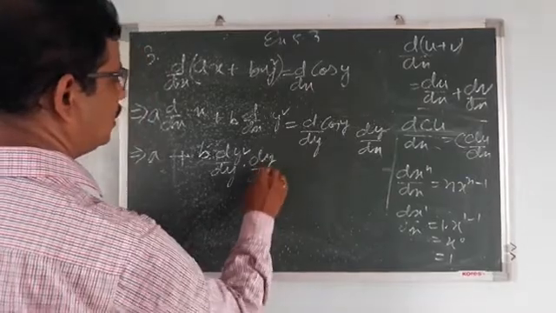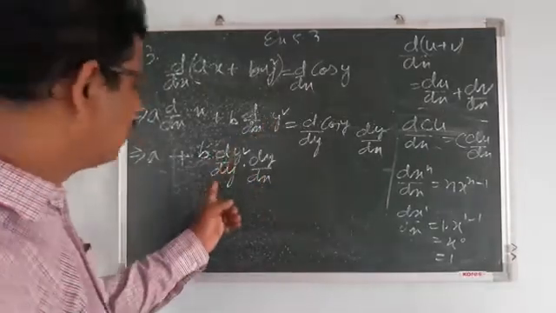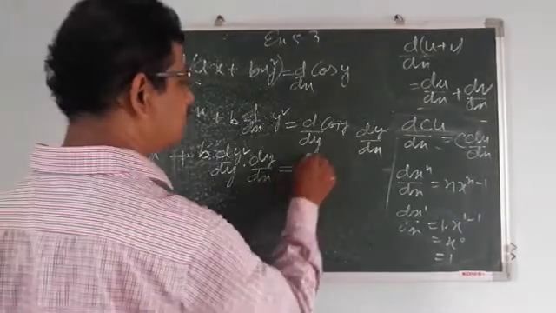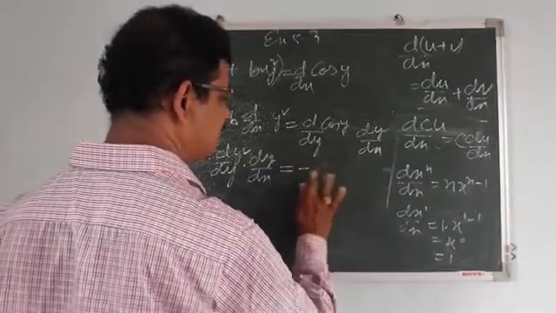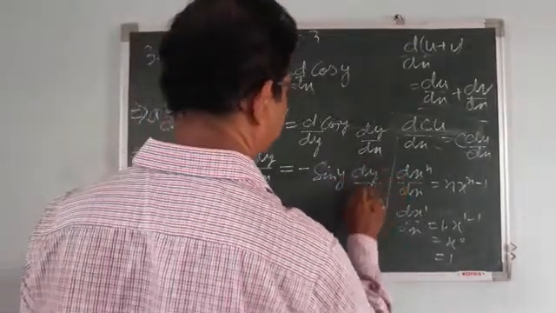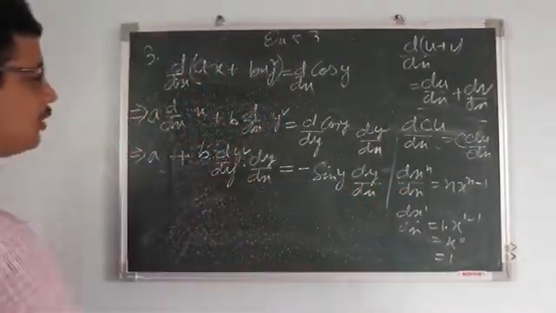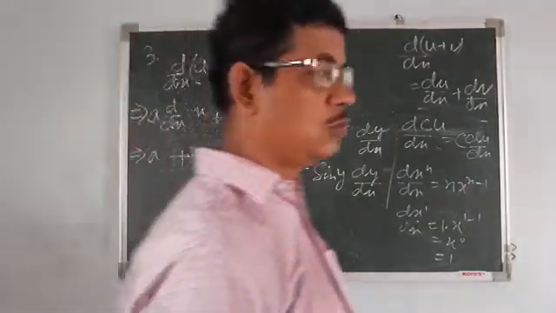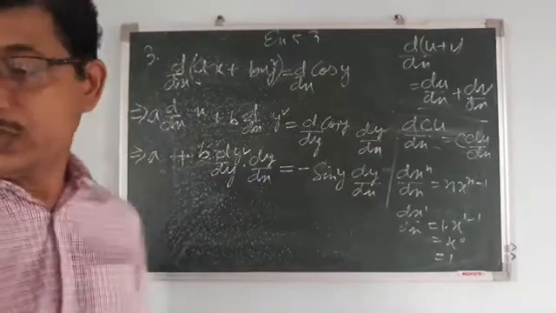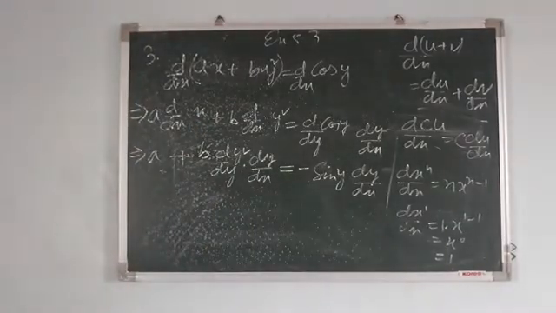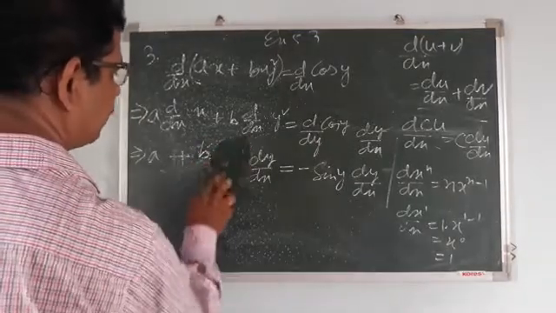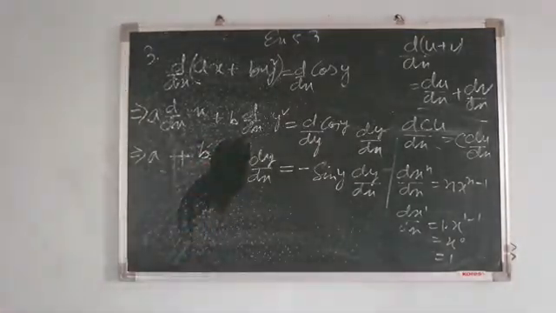I have used chain rule. d(y²) with respect to y, then dy/dx. Here, differentiation of cos y is minus sin y dy/dx. Differentiation of y² with respect to y, it will be what? 2y. So we can write here d(y²)/dy is what? 2y.